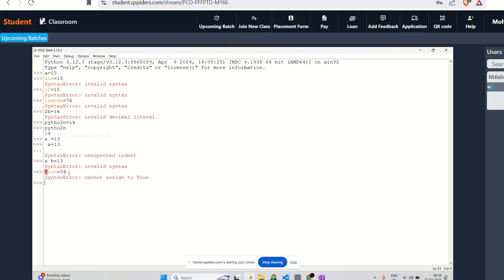See, it is giving an error. It means we cannot take any keyword, whether it is a special keyword or a normal keyword.